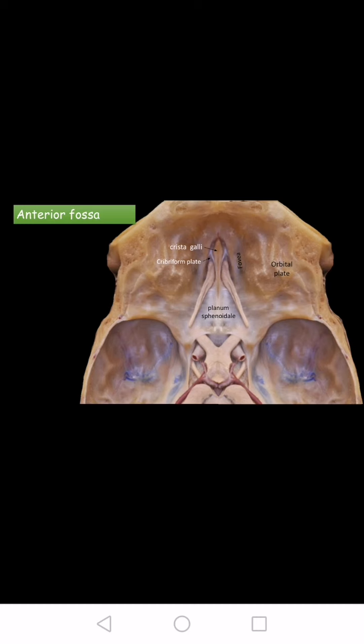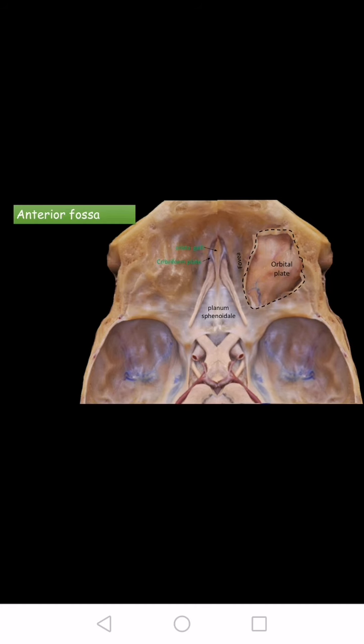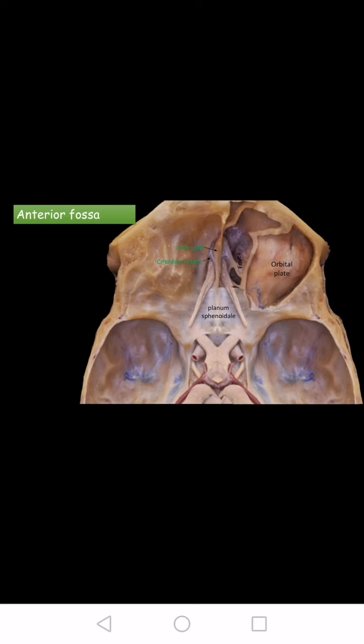Now you can see also we added the planum sphenoidale, medial, posterior, and anterior fossa. And you can see the cribriform plate with the crista galli. Here also you can appreciate the olfactory tract and bulbs bilaterally. If we remove the orbital plate, you have access to the orbit, and if you remove the fossa ethmoidalis, you will have access to the ethmoid cells.